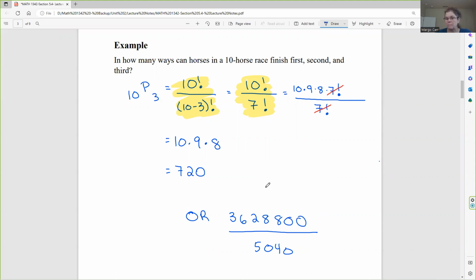Personally, I think this is a bit much because I get lost in the zeros myself. But if that's what works for you, that's fine. Okay, as long as you're showing me the work. There will be a problem on the test where I'm expecting you to show me the work.